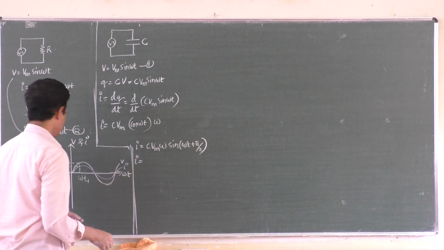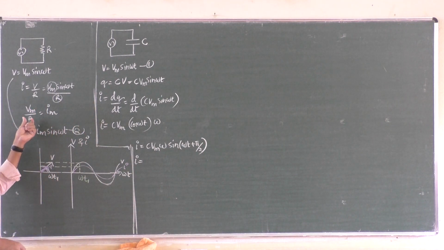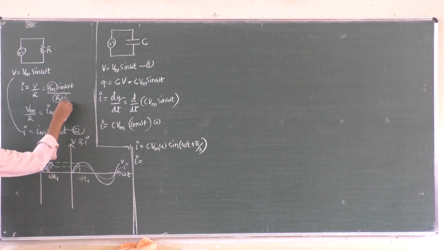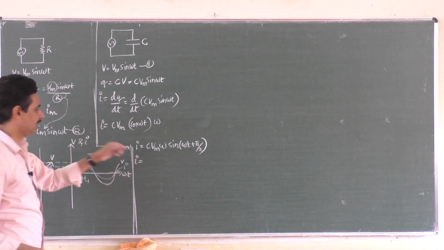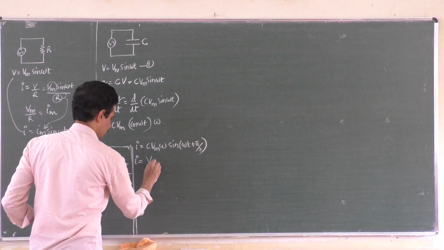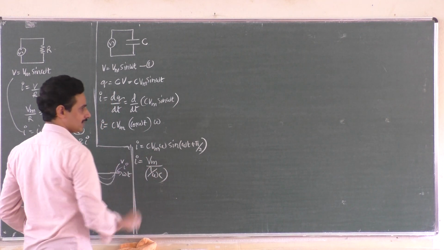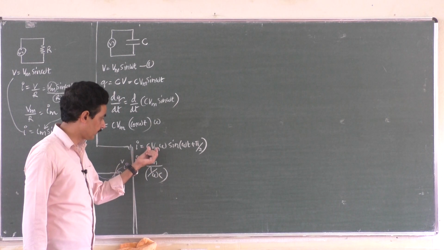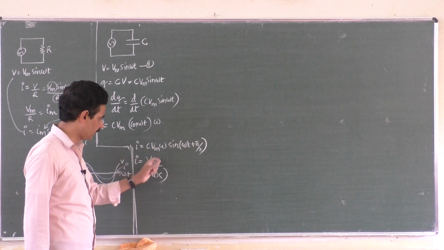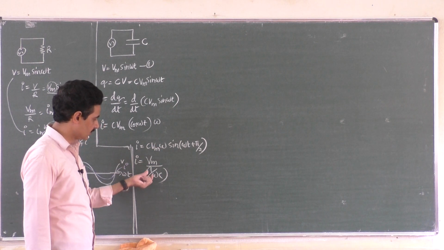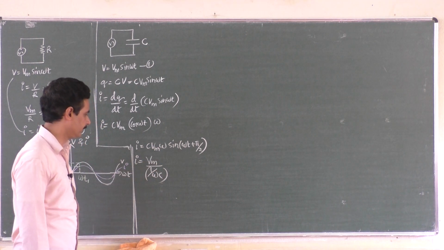If you want to get the same equation as here, Vm by R, can you see that here? Voltage by resistance gives the peak value of current. That is what we have written. These two are changed as Im. Similarly, if you want to have such a situation here, Vm into omega c can be written as Vm by 1 by omega c. So 1 by x comes to the numerator.